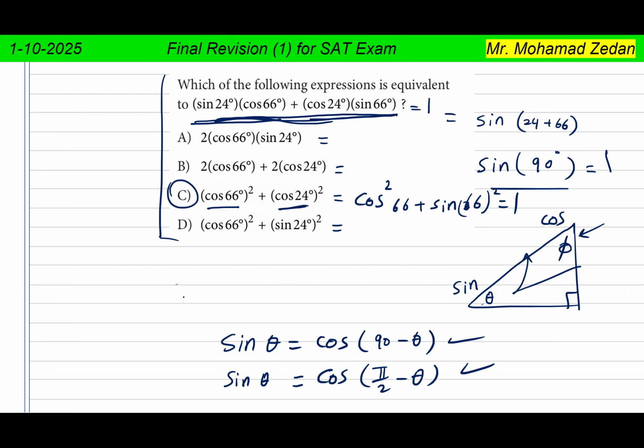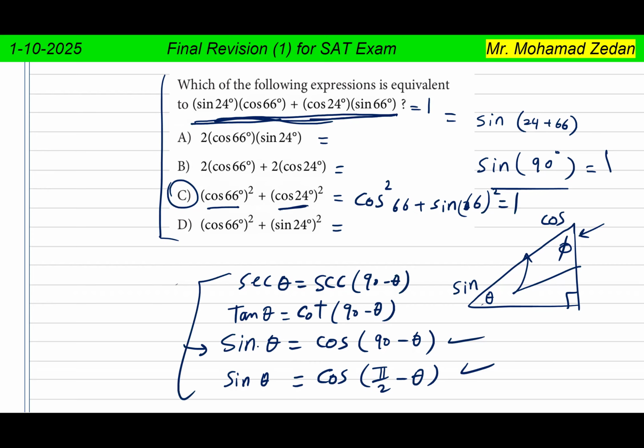Yes, I remember. This is correct for tan too: tan theta is cotan of its complement, 90 minus theta. And even secant theta is cosecant of 90 minus theta. So this rule is valid for sine, cosine, tan, cotan, secant, cosecant, all.